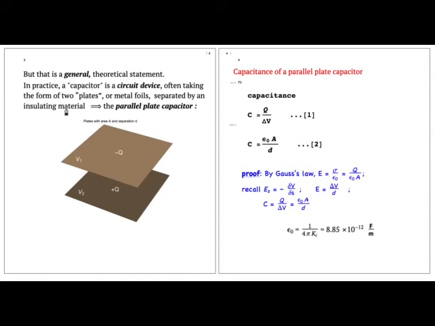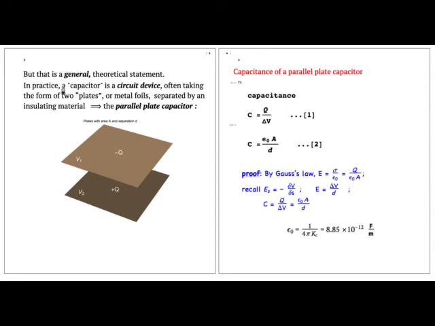They could be separated just by vacuum, but that's not very likely because then it would be very difficult to keep them apart. In a theoretical or conceptual description, you might say there's nothing between the plates except empty space. Or you could say air, which is hardly different from empty space as far as electricity is concerned.